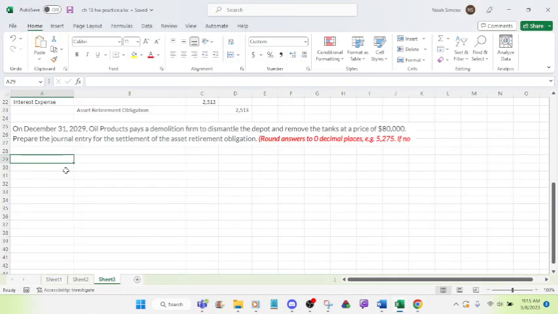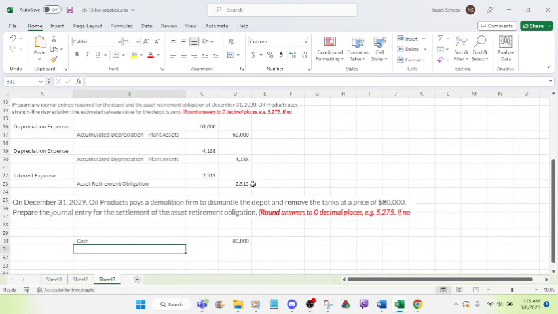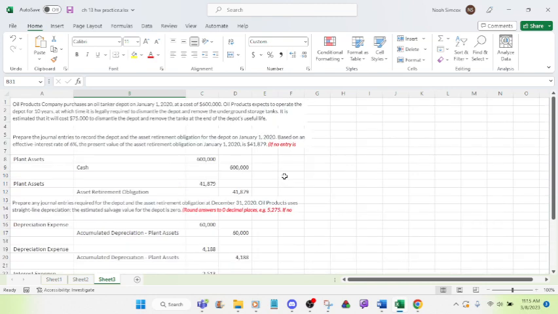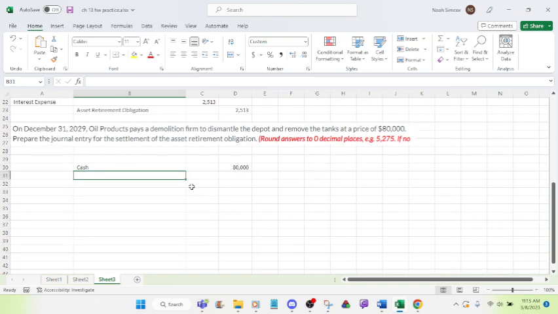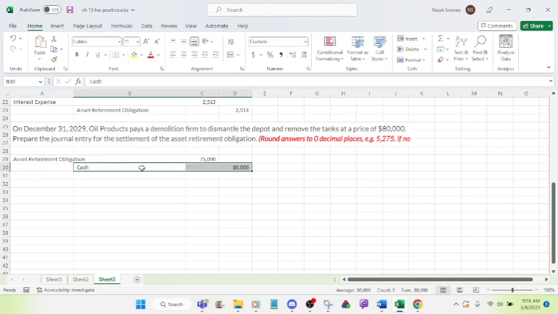So they lost cash, 80. Asset retirement obligation. Well, at this point, the asset retirement obligation will end up at $75,000. So you need to cancel the asset retirement obligation of 75,000, and then what's the difference?